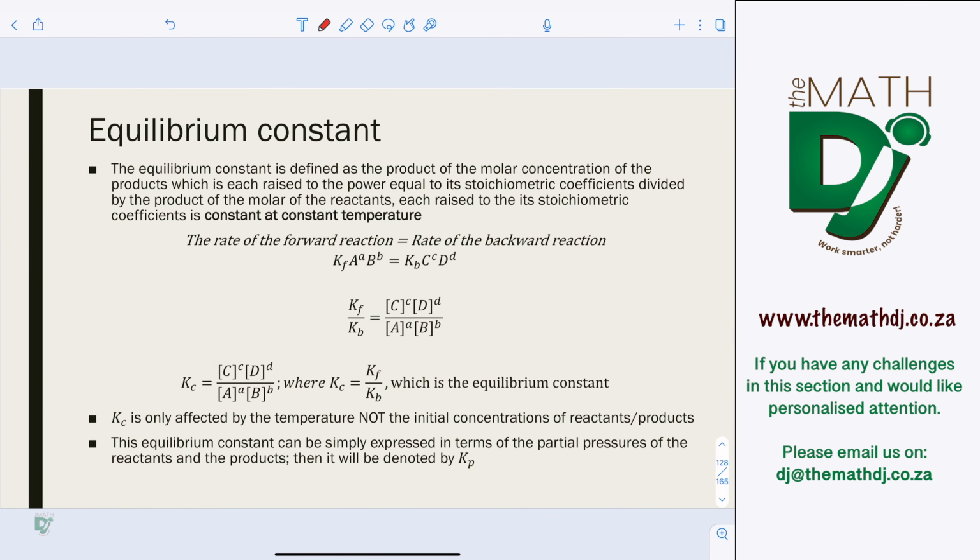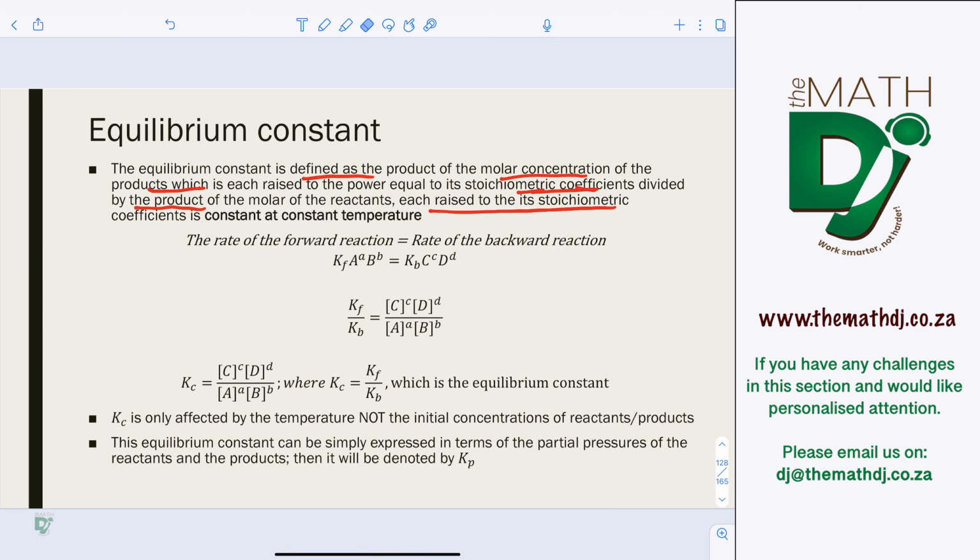So equilibrium constant. Equilibrium constant is defined as the product of the molar concentration of the products, each raised to the power equal to its stoichiometric coefficient, divided by the product of the molar concentration of the reactants, each raised to the power of its stoichiometric coefficient.